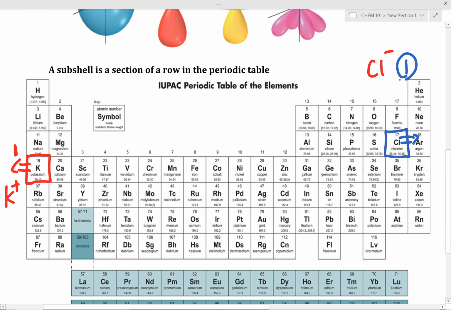The negative charge is equal to the spaces moved to the right. The positive charge is equal to the spaces moved to the left. Is there another ion that's isoelectronic with chloride by this rule? Is there another element that we can get all the way to argon from?